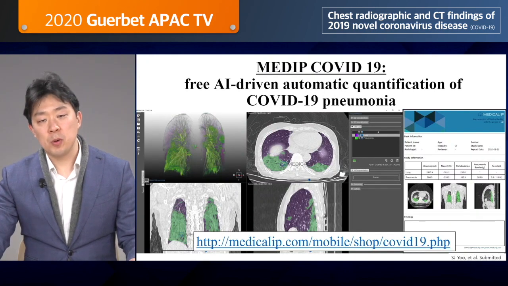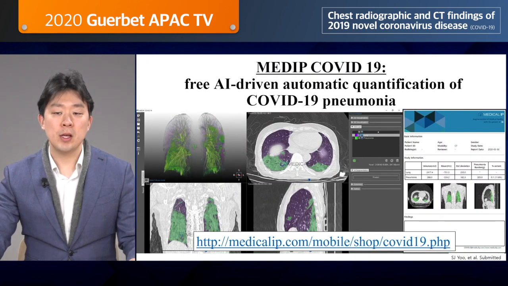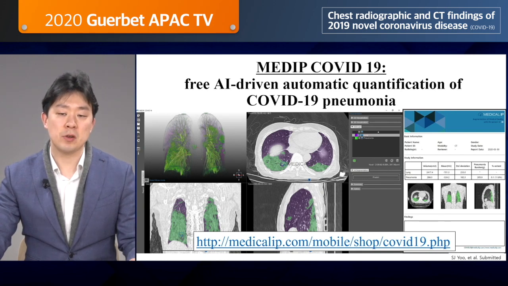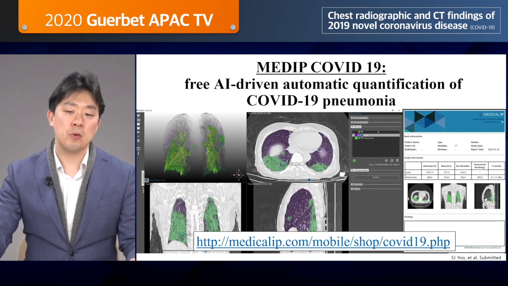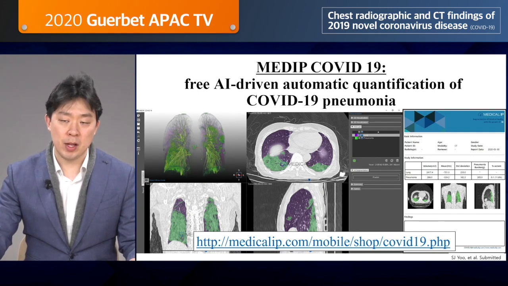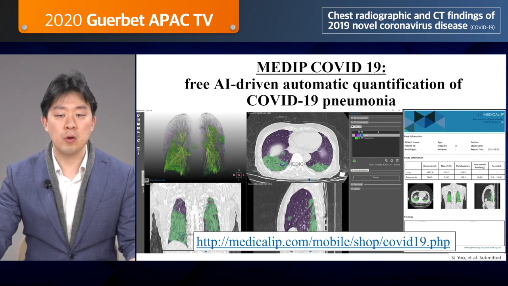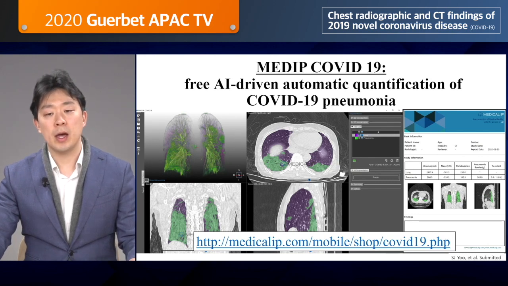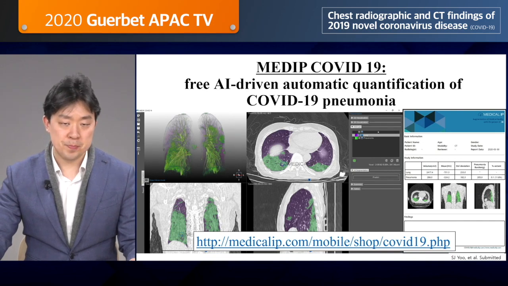If we perform CT scan in COVID-19 patients, it is hard to visually quantify disease burden after CT scanning. Thus, we developed free AI software for the automatic quantification of COVID-19 pneumonia on CT images and distributed it worldwide on March 18.